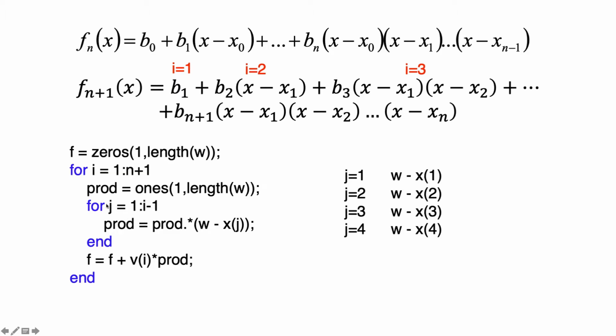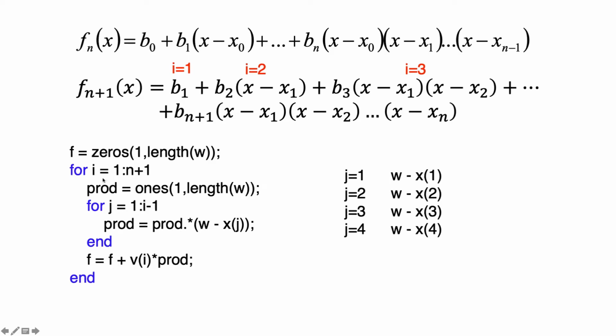For I equals 1, the first iteration here doesn't do anything. So the product here is just ones. So this term here, or B1, will be multiplied by a matrix of ones. So this will be the first term that will be added to F.